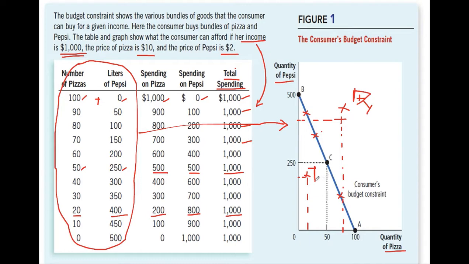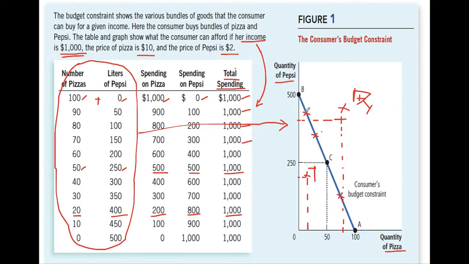Inside the curve, any point would represent a combination that Harley can afford. But if he buys this combination of goods and services, he will still have money left. So he's not spending the whole amount of income he has.